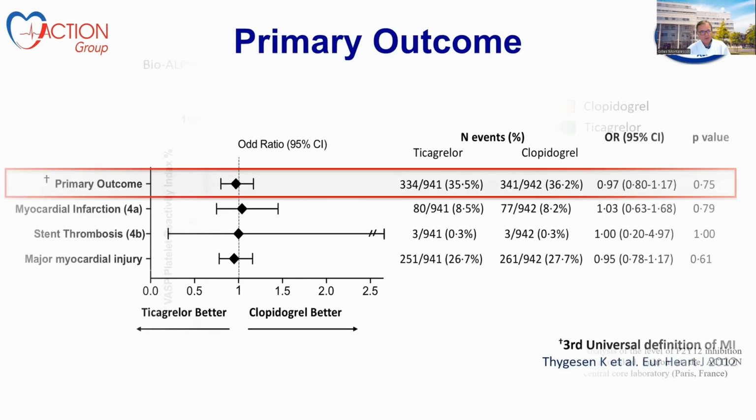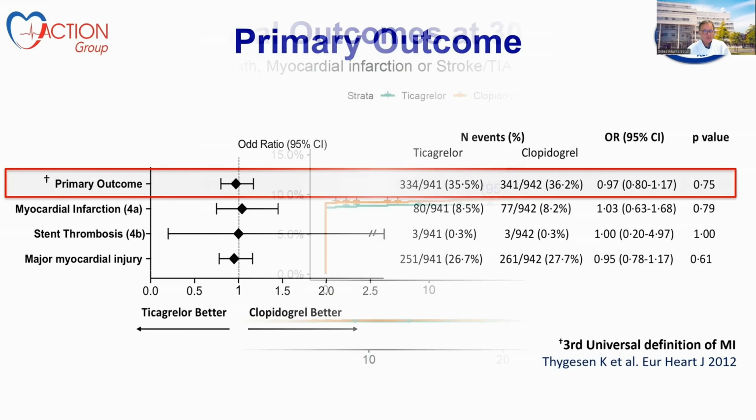The primary outcome, periprocedural MI or myocardial injury, was not different between clopidogrel and Ticagrelor. We had no difference for MI, no difference for stent thrombosis, no difference for myocardial injury. This was clearly a neutral effect of Ticagrelor versus clopidogrel.